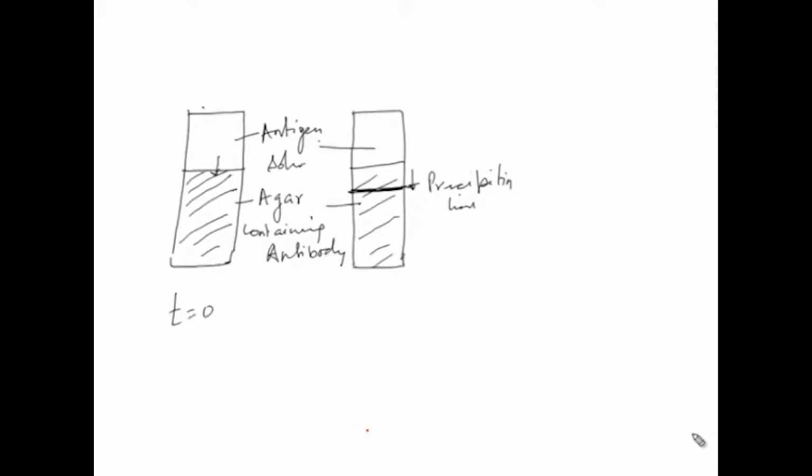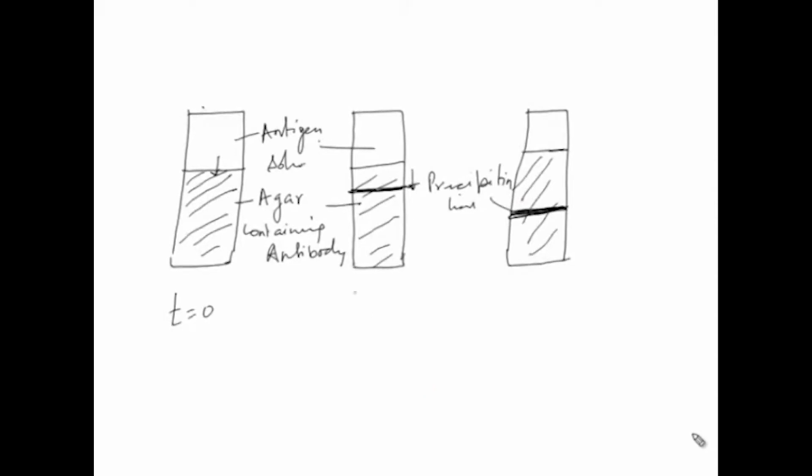The antigen concentration ahead is little less, so the precipitin line starts from here but keeps on moving downwards. Finally, at a certain period of time the precipitin line has moved quite far depending on the antigen concentration, because after some time the antigen will be used up, and the precipitin line will move to a certain extent.